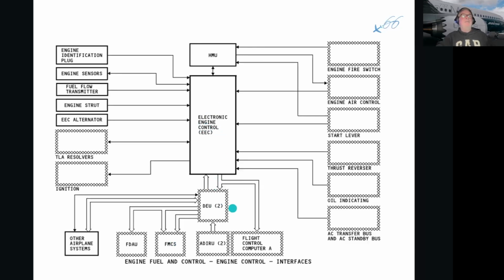And the EEC needs information from the ADIRUs to do that, and from the FCCs for the autopilot to be able to do this FMS thing, to do a flight from A to B as economically as possible. As we saw before, all the information also goes to the flight data acquisition unit and eventually to the FDR.